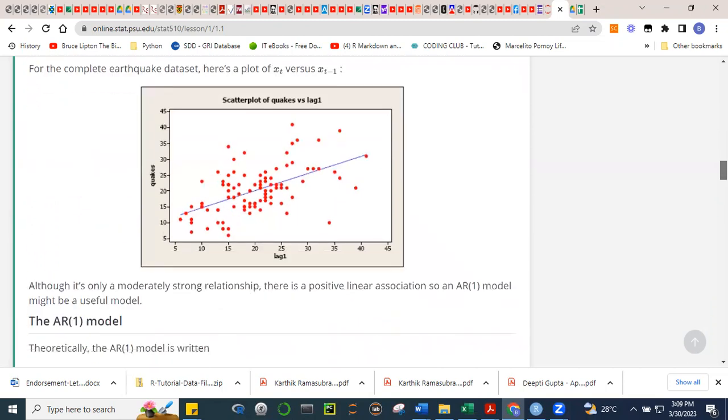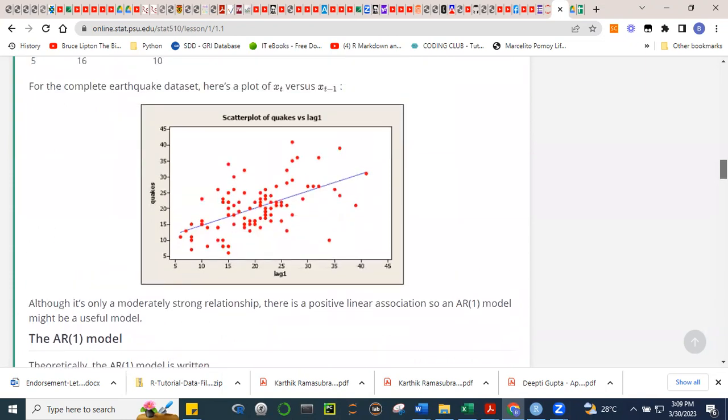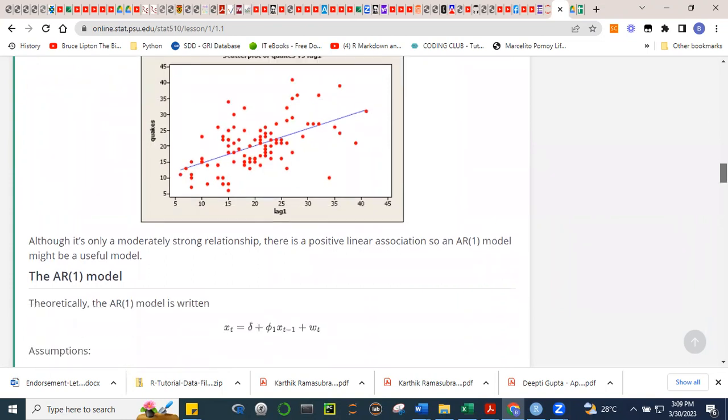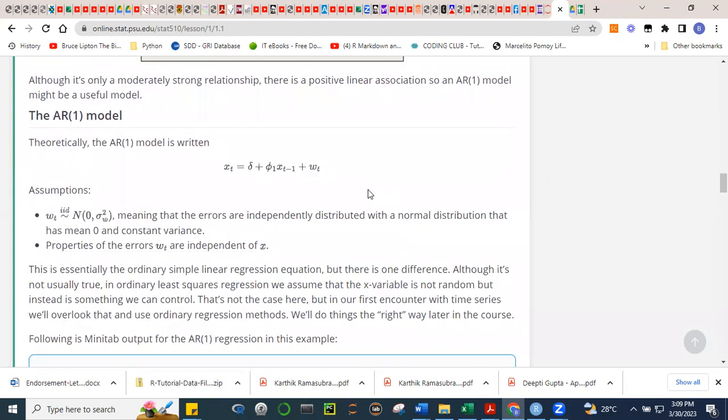We're going to have an example. So this is the plot of your lag 1. And the equation of an AR1 process looks like this. Our original data, x sub t, we're going to model that.